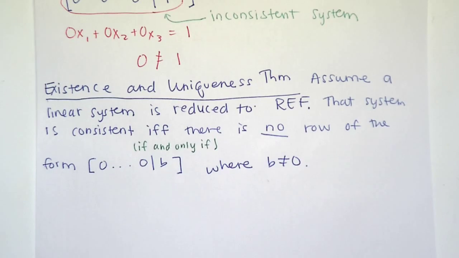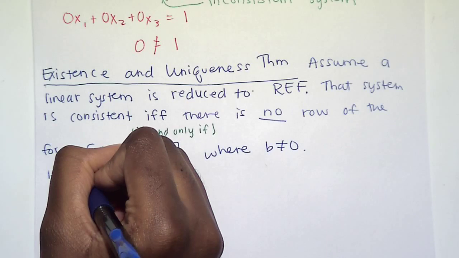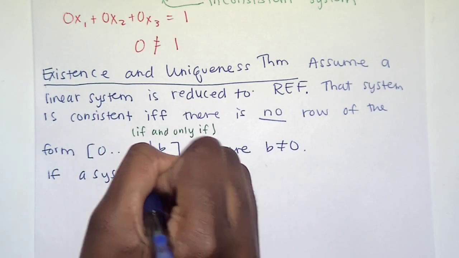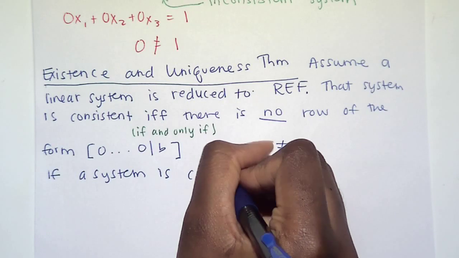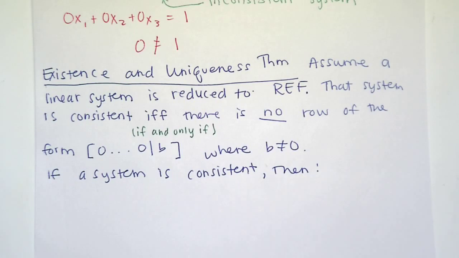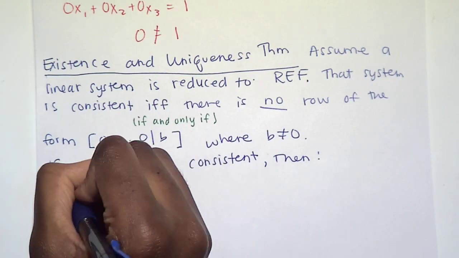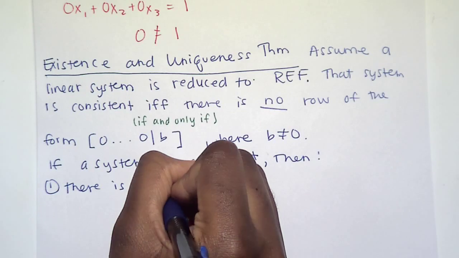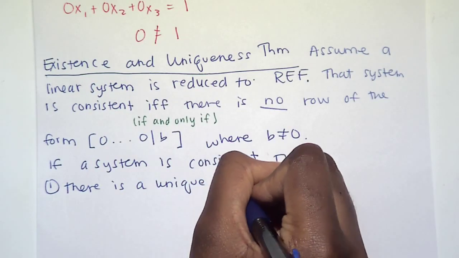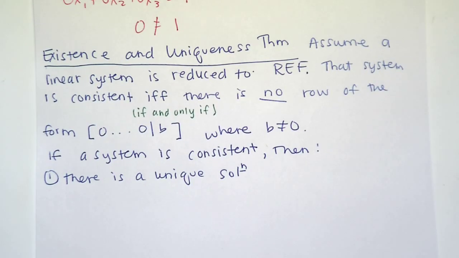All right, so if a system is consistent, then we have the following things we already know. Number 1, there is a unique solution, meaning that we don't have any free variables.